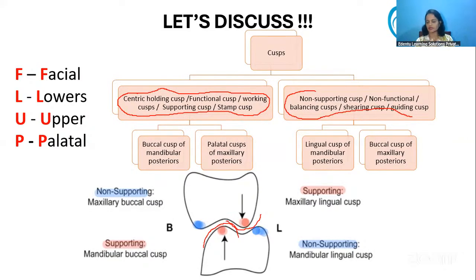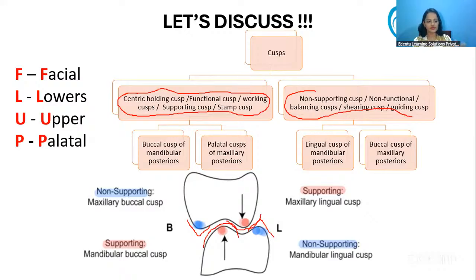No other functions are there. Such non-supporting cusps are usually very sharp and narrow. Which are the non-supporting cusps? The maxillary buccal cusp and the mandibular lingual cusp.